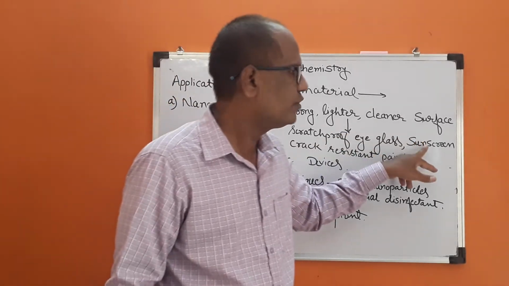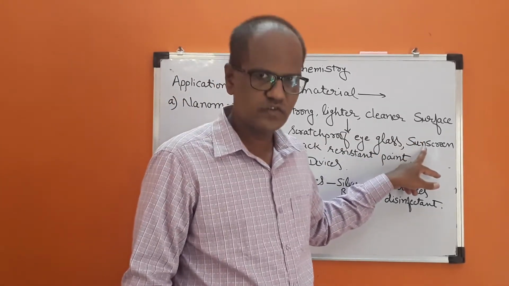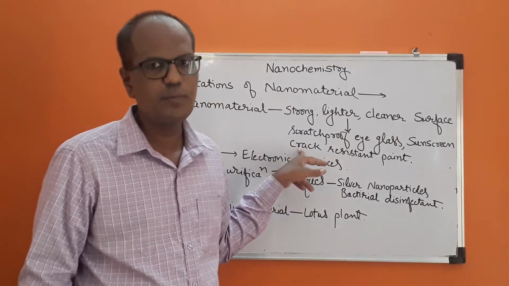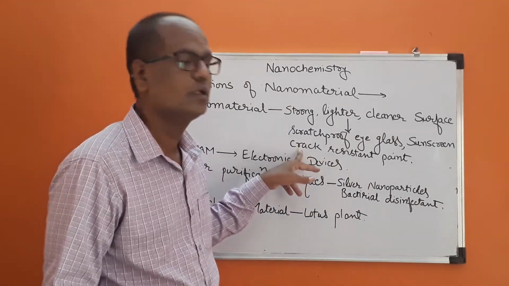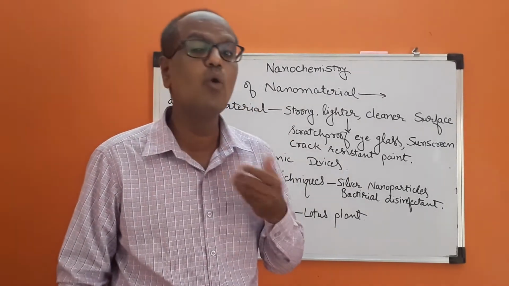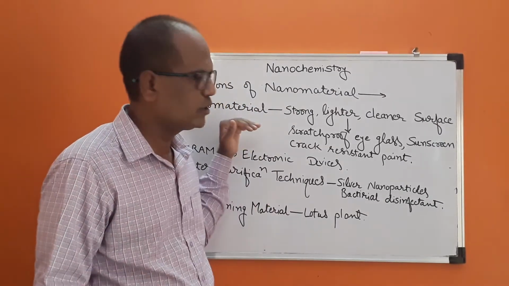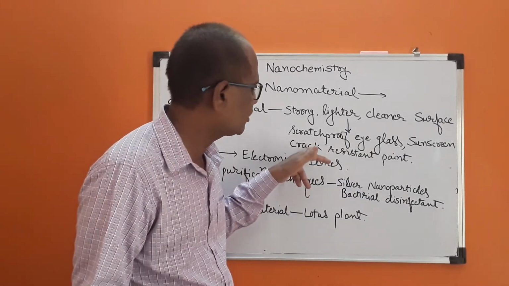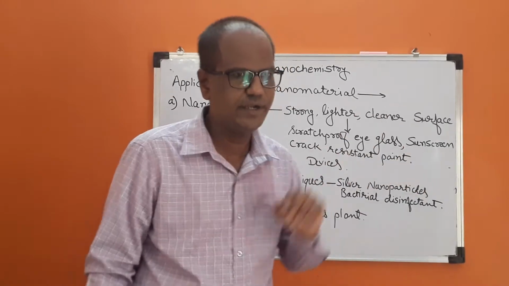After that, we can prepare sunscreen also. After that, we can prepare crack-resistant paint, because as we know, nanomaterial substance has more strength as compared to normal bulk material. Therefore, we can also manufacture crack-resistant paint.